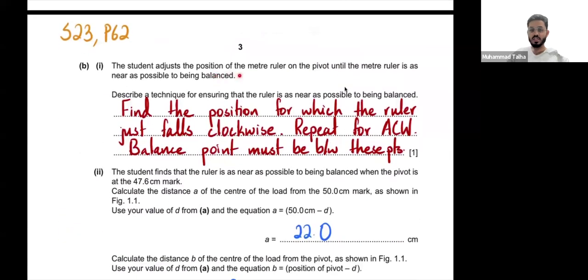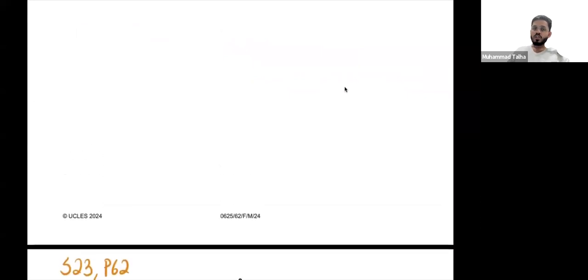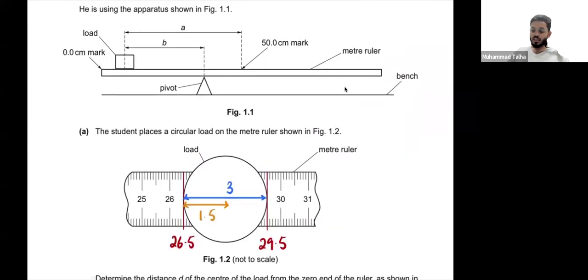The student adjusts the position of the meter ruler on the pivot until the meter rule is as near as possible to being balanced. Describe a technique for ensuring that the ruler is as near as possible to being balanced. So the idea is that you either move the pivot or the rule along to the point at which the ruler just tips in a certain direction.